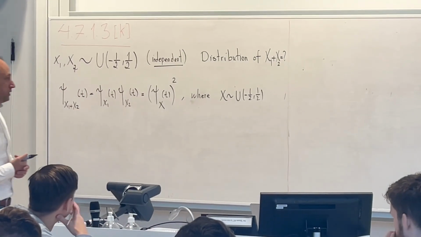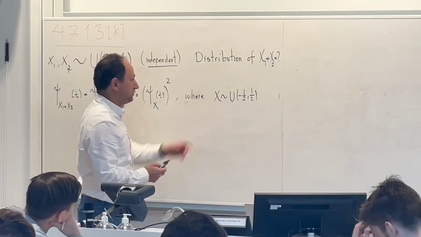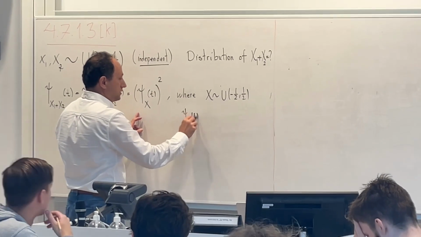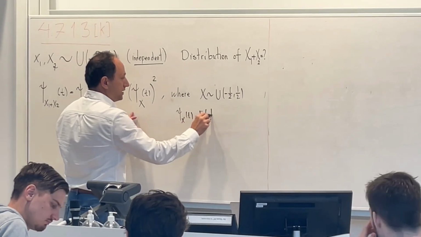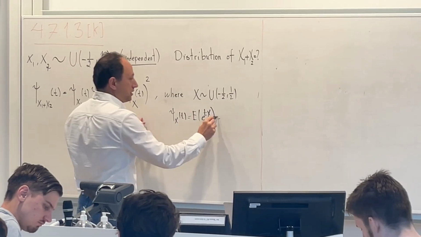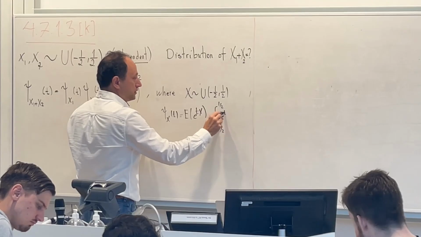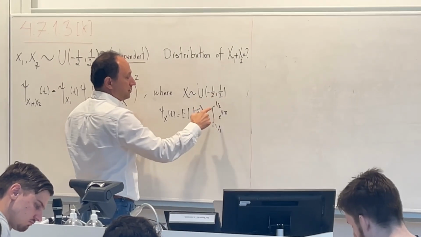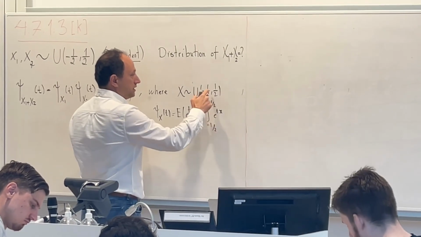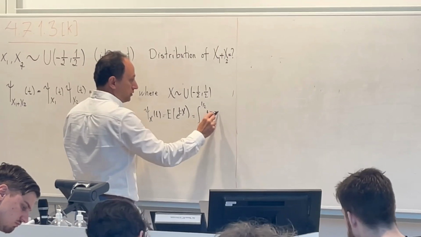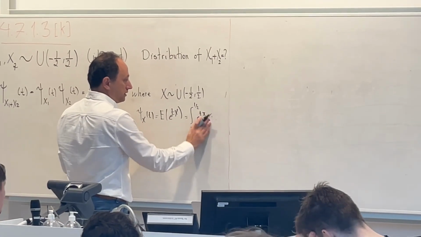Do you remember what it was? Otherwise I have to calculate it, so let us do it here. This becomes the expectation of e to the power tx, which is the integral from -1/2 to 1/2 of e to the power tx. Then this one minus that one, so it is 1 over this one.